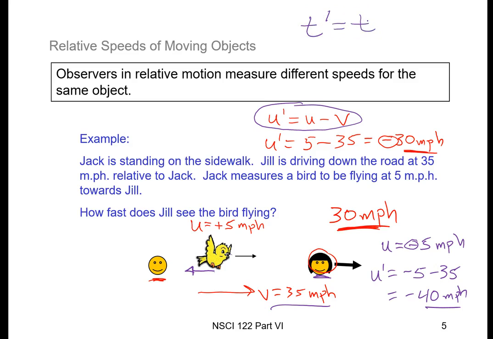In fact, the equation to transform time from one observer to another is t prime equals t, which means observers in relative motion all measure the same times. All clocks run at the same rate in Newtonian relativity, and this is what we're used to in our everyday existence. Maybe that sets the stage for some weird things that are about to happen.